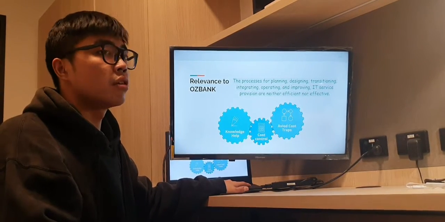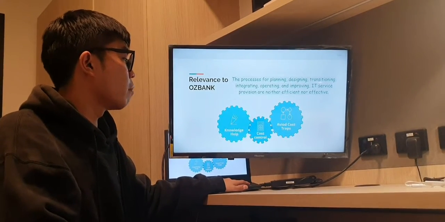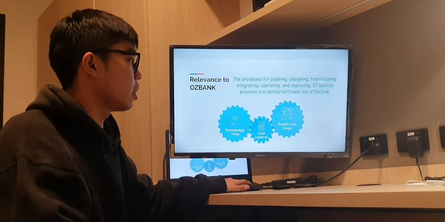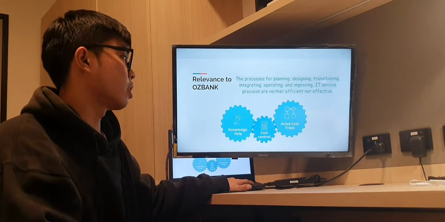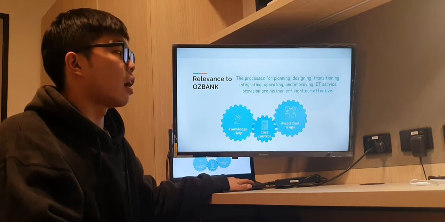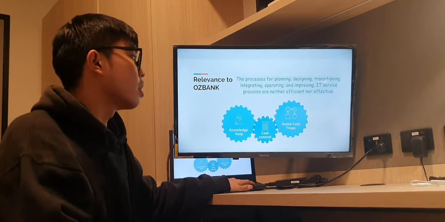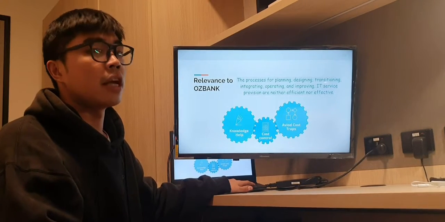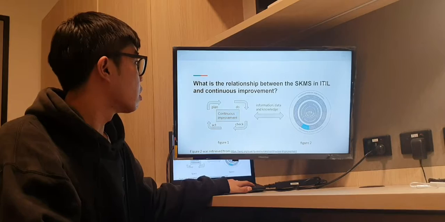In order to solve this, using ITIL can provide knowledge help and cost control. And the article provides guidance to help OZ Bank identify the potential cost traps and avoid them. So let's move on to the next part.